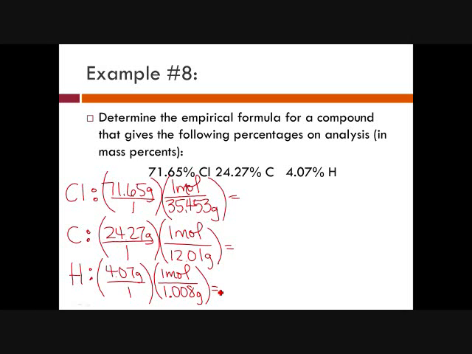Those who have calculators. Last one is 4.02. The chlorine and the carbon should both be 2 something.